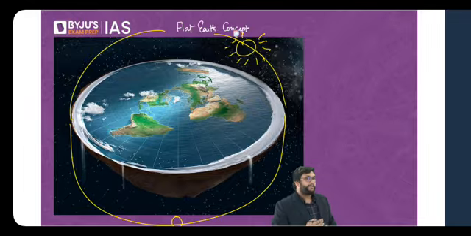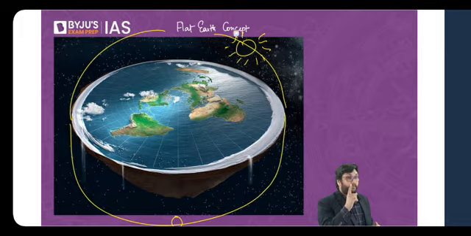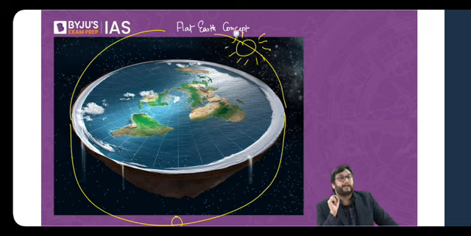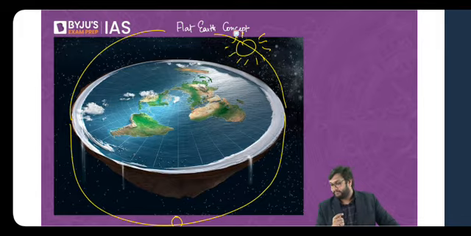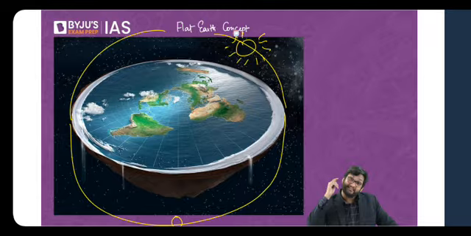And this is 13th, 14th century Europe. And imagine how dumb these Europeans could be, that we had Bhaskara, we had Aryabhatta, we had multiple astronomers who were basically calculating the circumference of the earth, the distance to the sun.